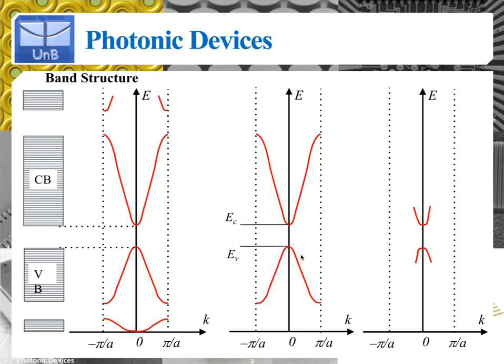So we could only draw these two bands. And the most interesting or important phenomena will actually happen between the borders of these bands. So many times we'll just draw the lower border of the conduction band like this, and the upper border of the valence band like this, because this is where most of the transitions will take place.